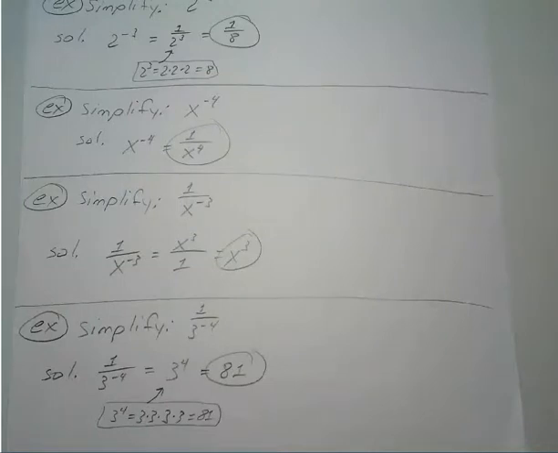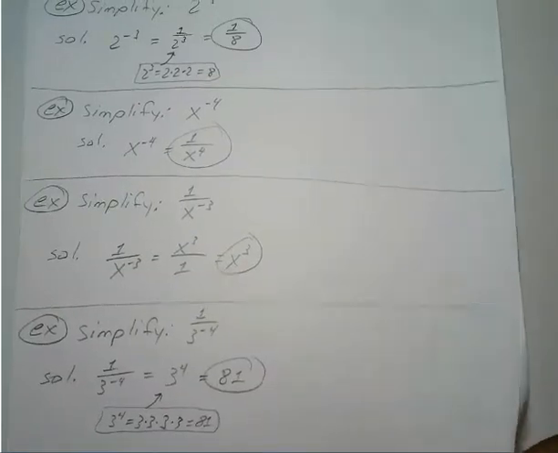Alright. Okay, so let's go to our next example. Let's get a paper here. Now the next couple of examples will combine both the quotient rule and the negative exponent.